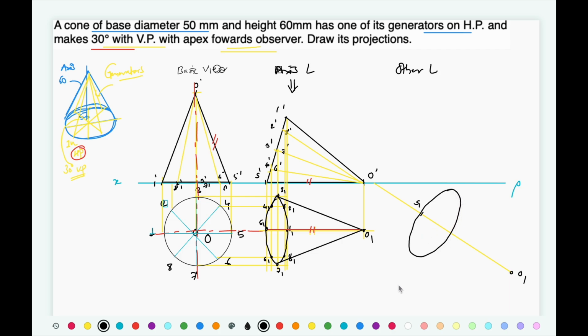So that way you will get the base and then connect it with the apex. So this is going to be the view. So basically you need to redraw this view once again over here. I will tell you how to redraw that one.